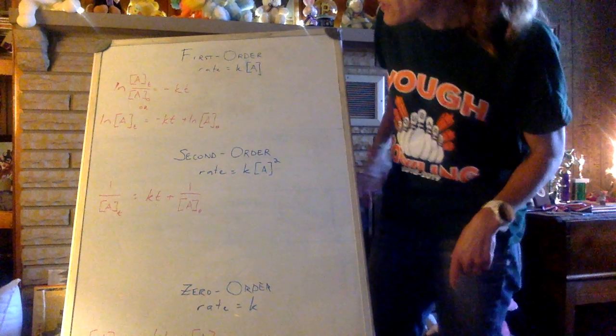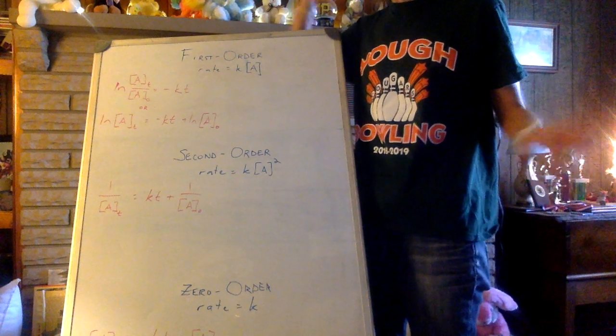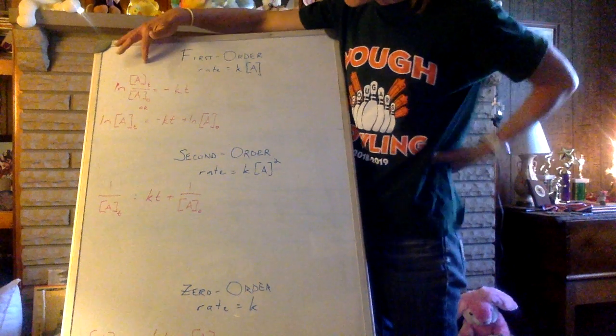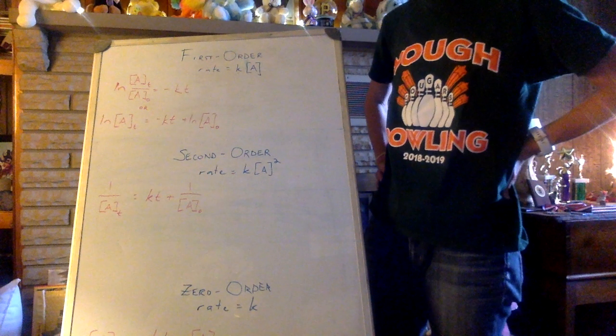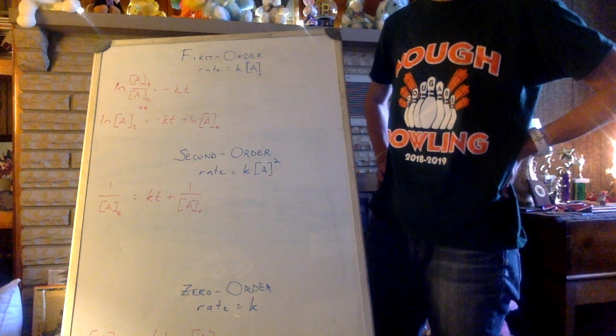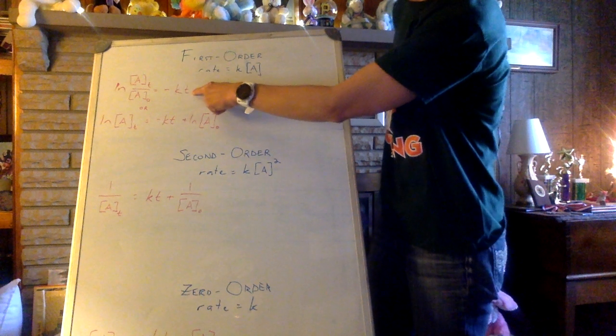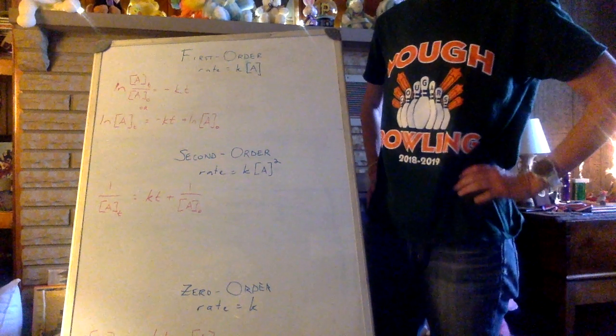For first order, so just A, not squared, I'm getting to my natural log of concentration of A_t over A_0. A_t is my concentration at a specified time, and my A_0 would be my original concentration.